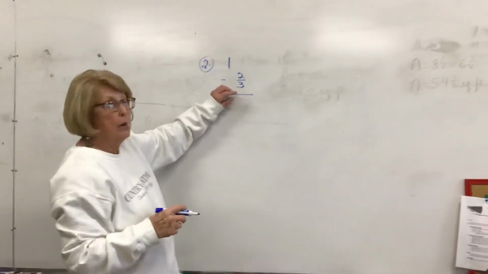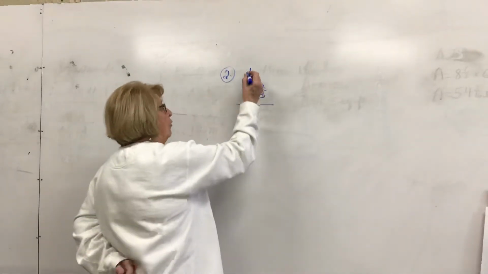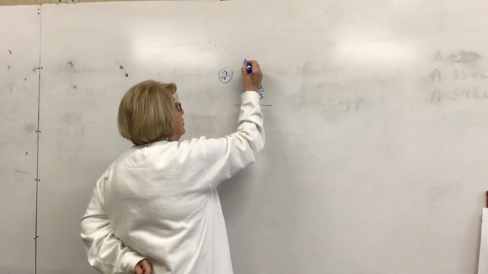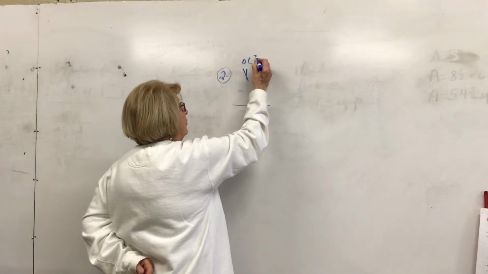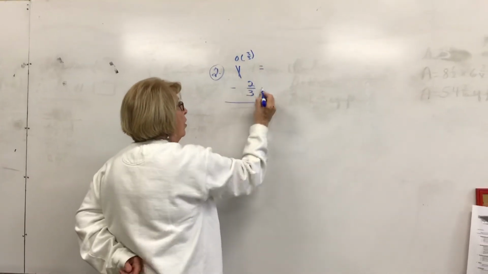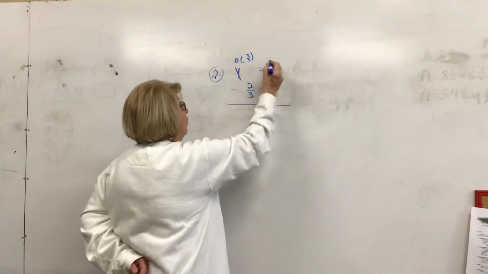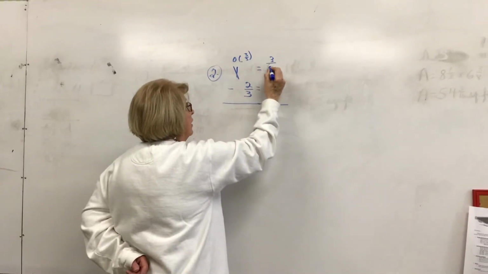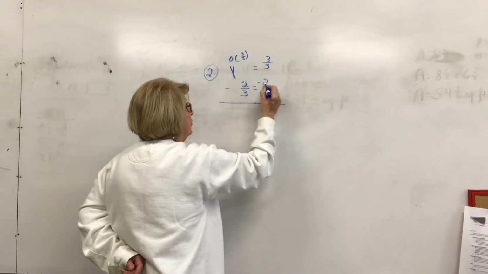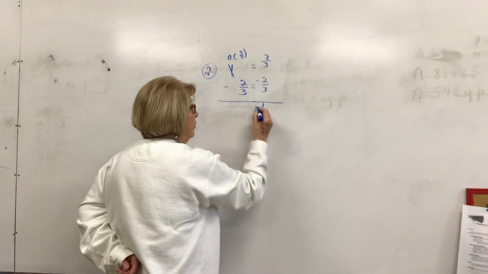But I can't do it until I rename this 1 whole. So I cross it out, put 0 and 3/3 in parentheses, equal marks, equal marks. Remember, we extend that line. We have 3/3 minus 2/3, and my answer would be 1/3.